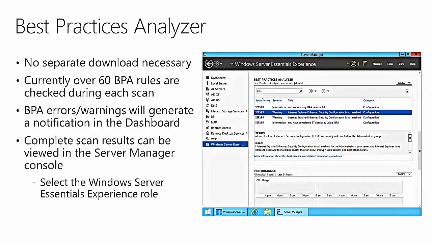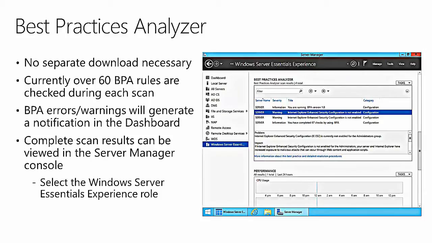We also have integration with the best practices analyzer. So this is being integrated and exposed more through the Server Manager console across all the editions of Windows Server. So in the past, it was necessary to download the best practice analyzer, or the BPA, separately. And now that's no longer the case because it's integrated right into Windows Server.